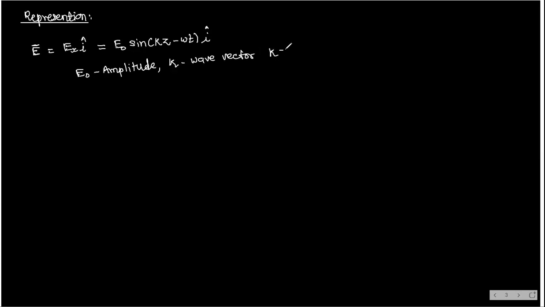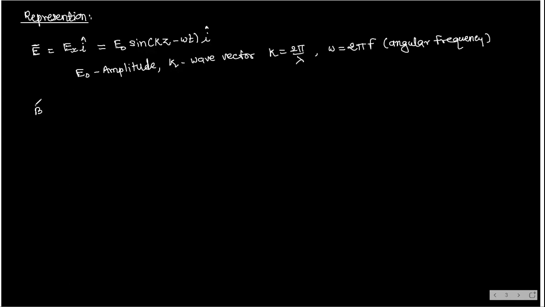Already we know k is equal to 2 pi by lambda, and omega is 2 pi f, the angular frequency. In the wave chapter also we have learned this k and omega.